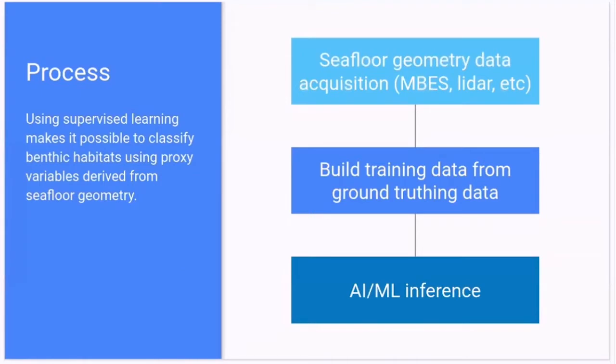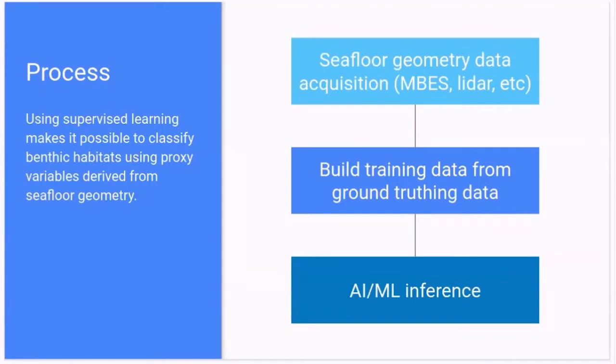So the process is relatively simple. We take the seafloor geometry data, which in our case is multi-beam echosounder system. But since we're using a 1 meter DTM, it can also be used for LiDAR data, which is one of the main purposes of the project. So basically, we take this data and we use supervised learning to classify the different habitats that are contained into DFO's database.